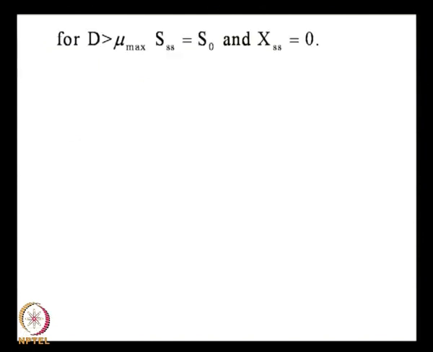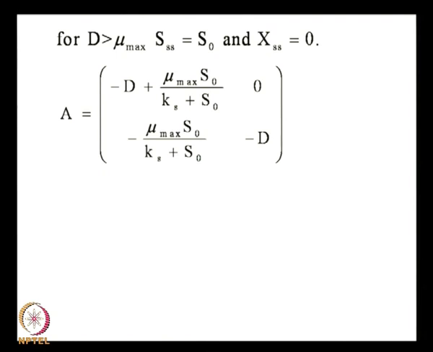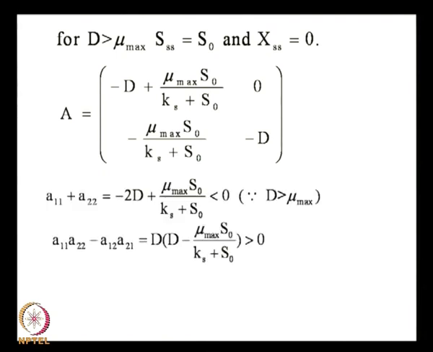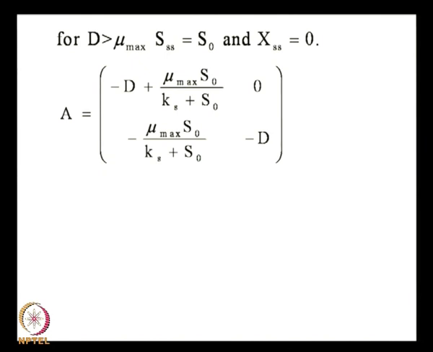The next one is the trivial state, as I explained. So, d greater than mu max, obviously you do not have anything but the trivial solution, but we are still looking at the stability of it, because we want to know whether the trivial state itself is stable. A trivial state means that nothing really happens, you let the thing go in and it just goes out.